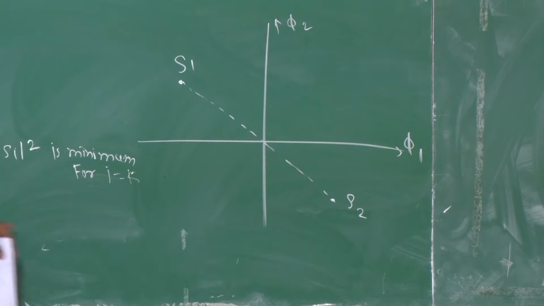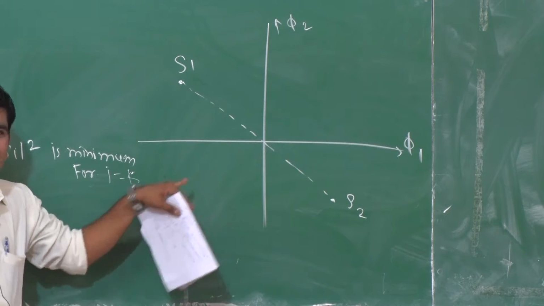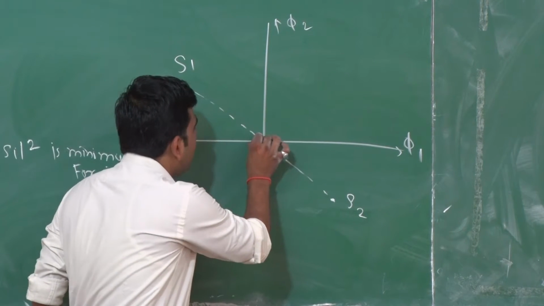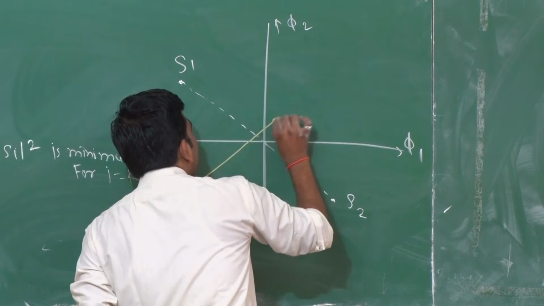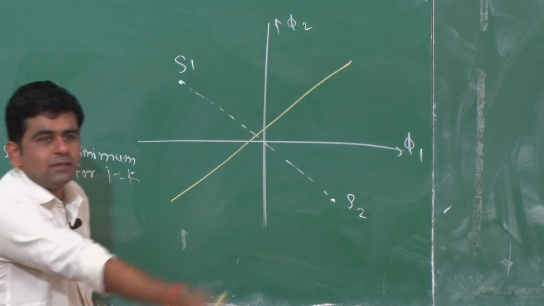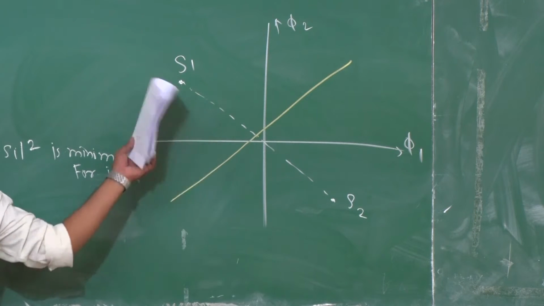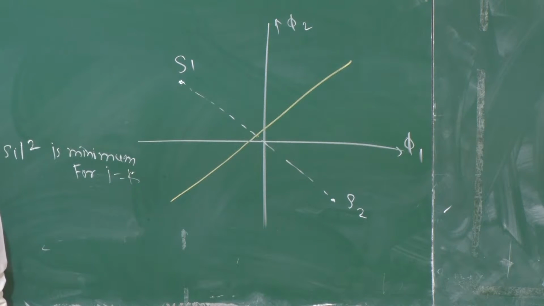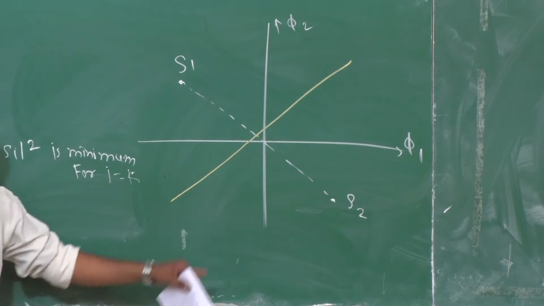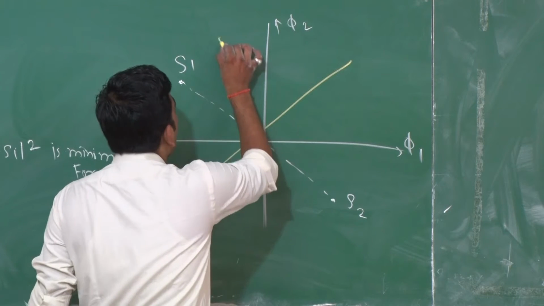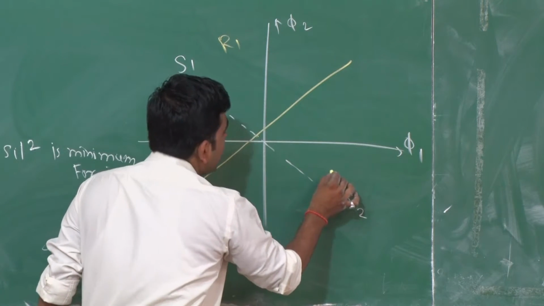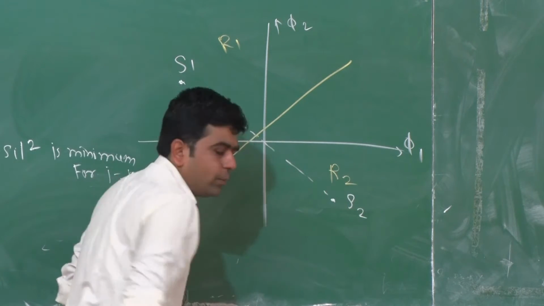Then as they are equiprobable, find out the middle, and we have to draw the line which is perpendicular and divides these 2 regions. So we will get region R1 and region R2.